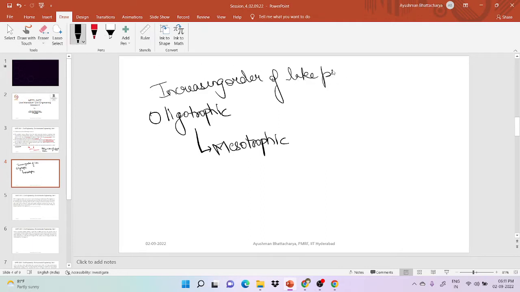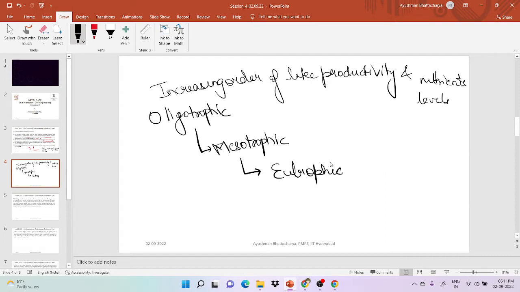Lake productivity and nutrient level: first comes oligotrophic, second comes mesotrophic, third comes eutrophic, fourth comes senescent.